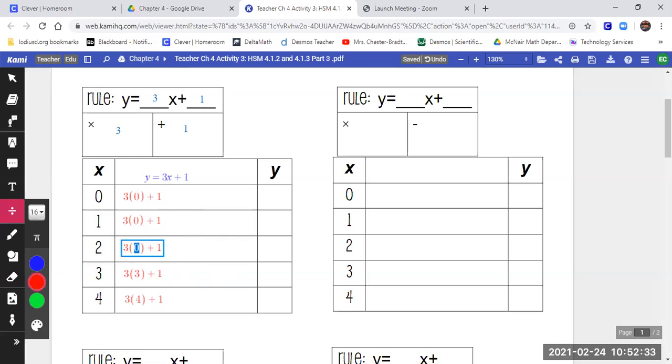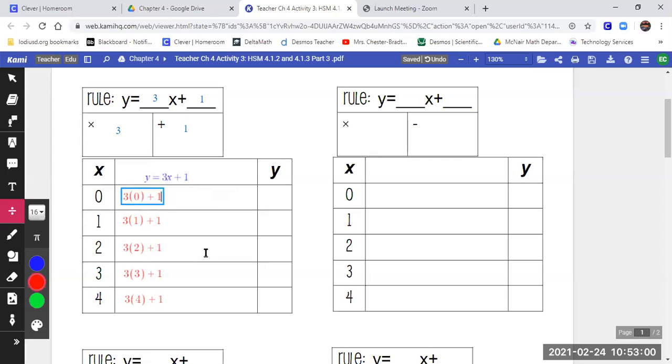So go do that. Right? So all we're doing is changing what's in the parentheses to match what X we're doing, right?